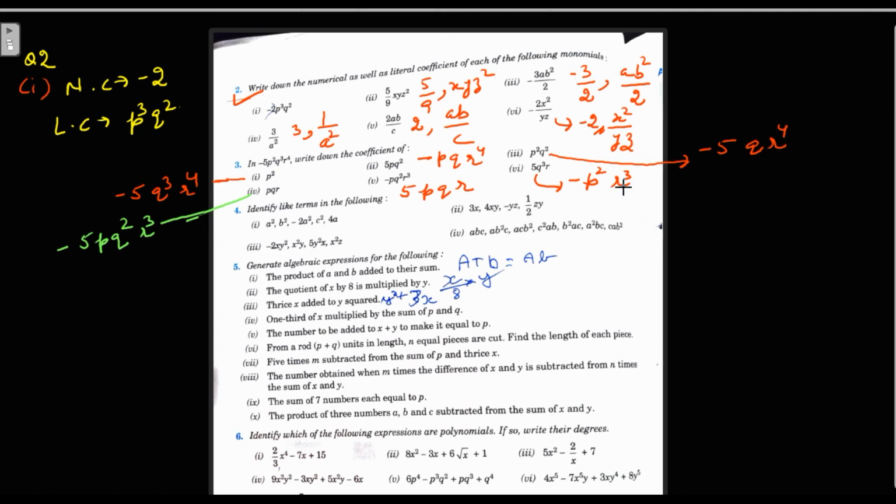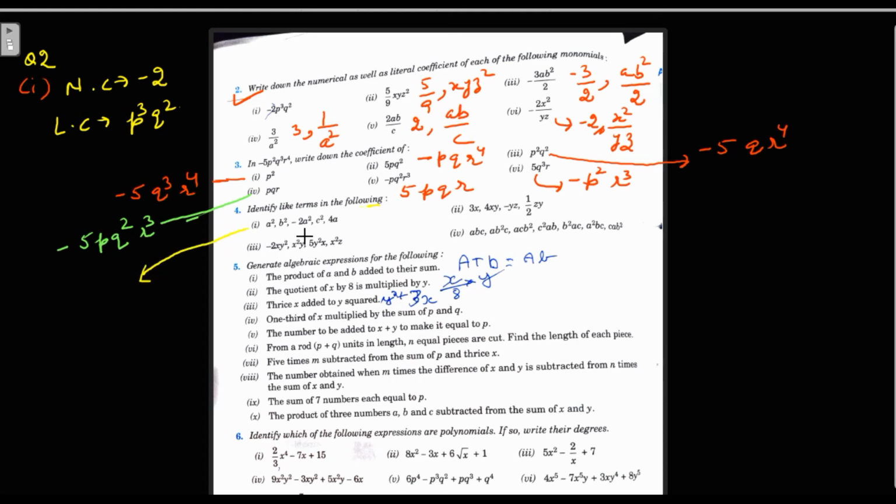So now students, we will move on to question number 4. What is question number 4? I will explain it to you. Here the question is: identify the like terms in the following. So part first I am going to solve here.